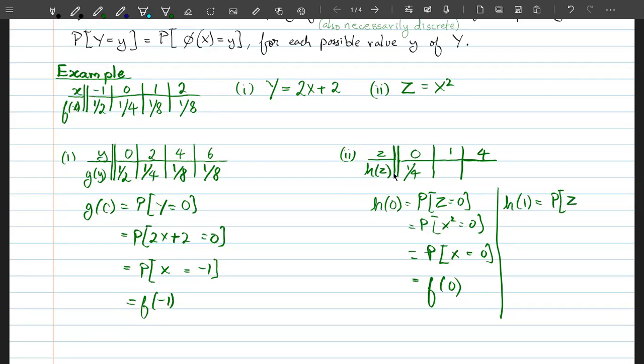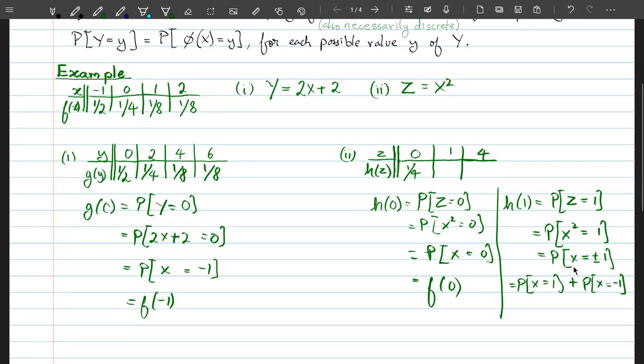So you might have guessed that something different happens in this case. Here we have the probability of x square equal to 1. So that is the probability of x being equal to plus or minus 1, right? There are two possibilities, x equal to 1 or x equal to minus 1, and they are mutually exclusive.